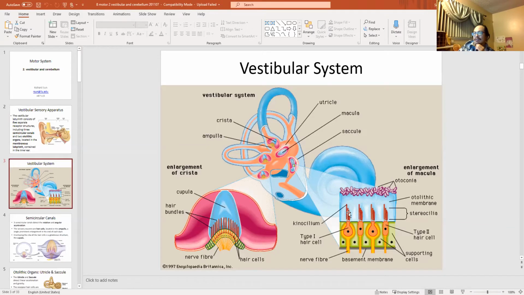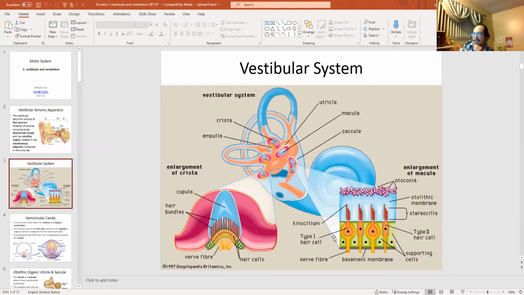If the hair bends toward the kinocilium, it is a depolarization; if it bends away from the kinocilium, it is a hyperpolarization. If it's depolarization, this cell will release more neurotransmitter, glutamate, the excitatory neurotransmitter, to this nerve. This is a ganglion nerve, and then it sends the signal into the brain.